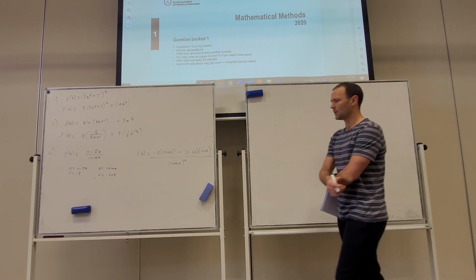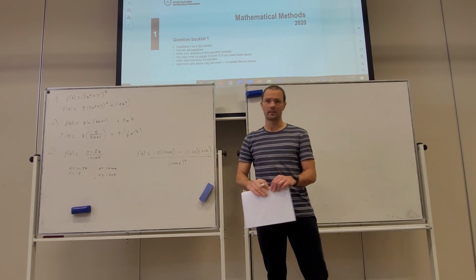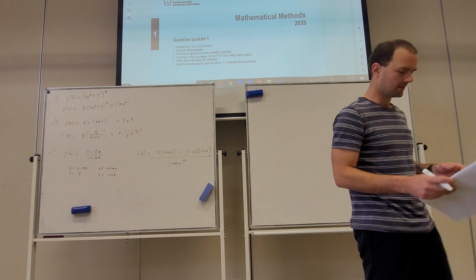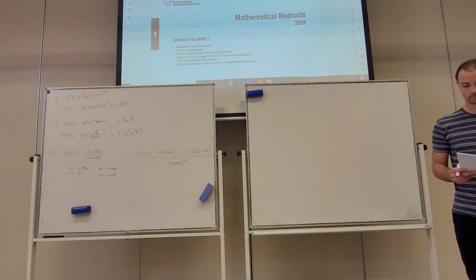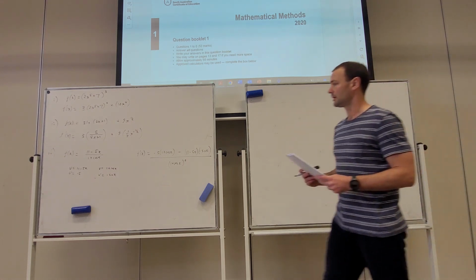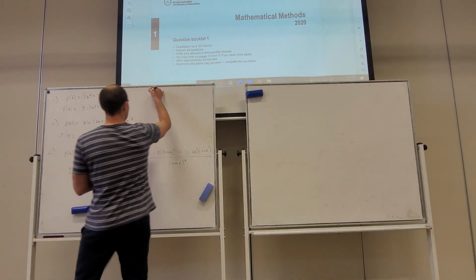Full marks there, don't need to simplify any of these negatives or anything like that. Differentiate without simplifying. Okay, and then we've got an integral, which I'll do up here.